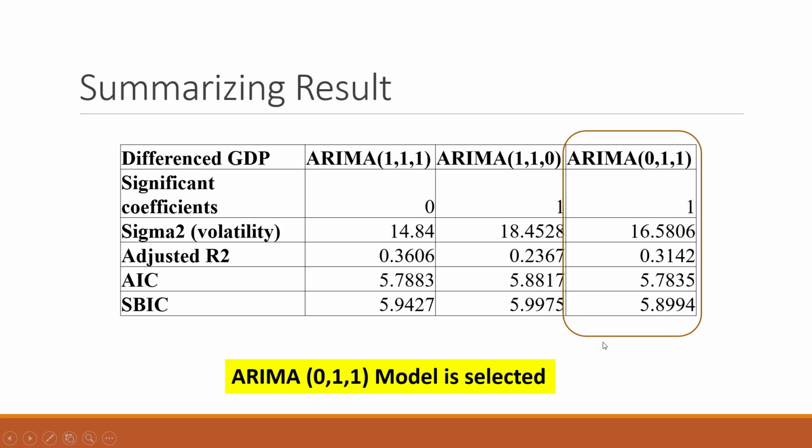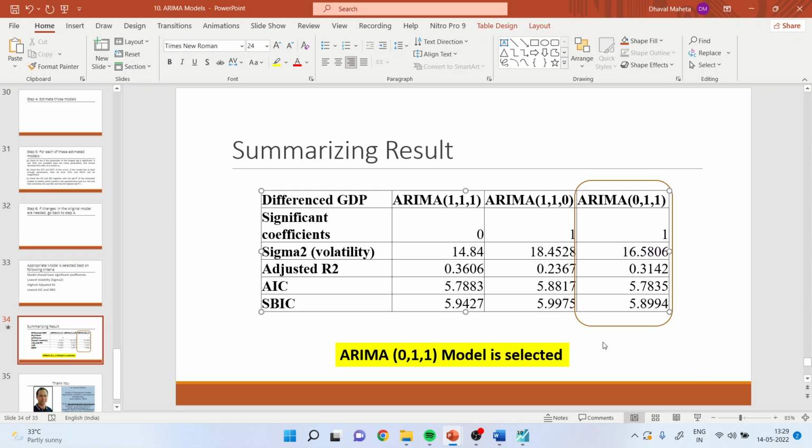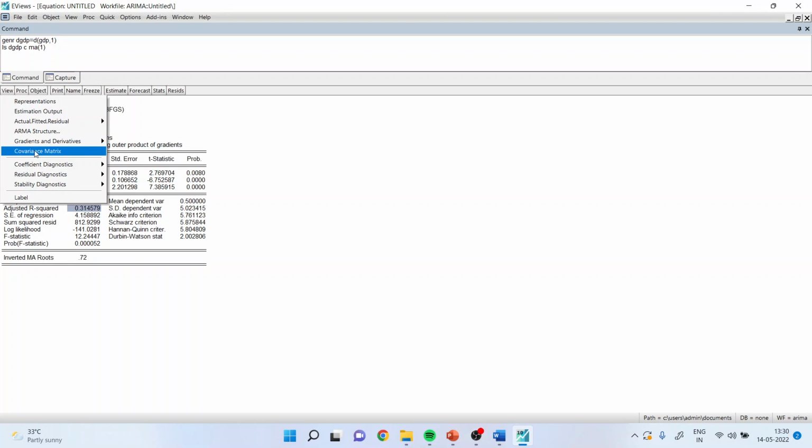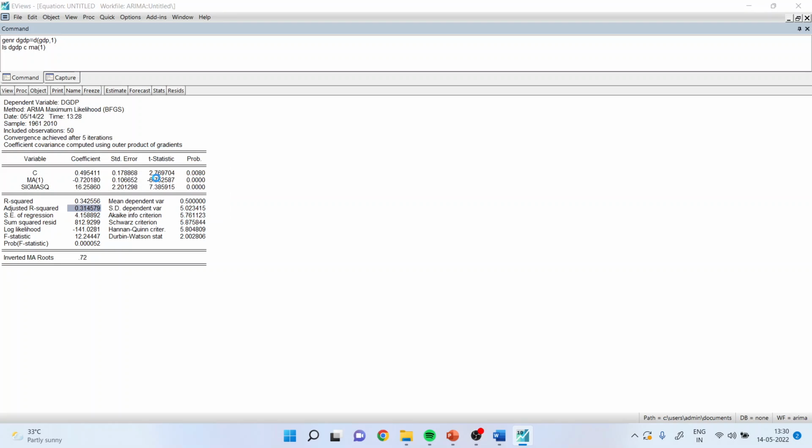Okay. Now we will have to carry out some diagnostics on this model. So now we keep only this model, that is LDGDP, C, MA1 process, and we'll carry out some diagnostics. So we'll go to View, Residual Diagnostics, and I'll activate Correlogram Q-statistics. Lags to include, you can keep it 50.